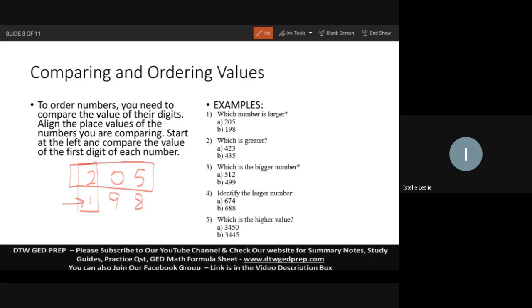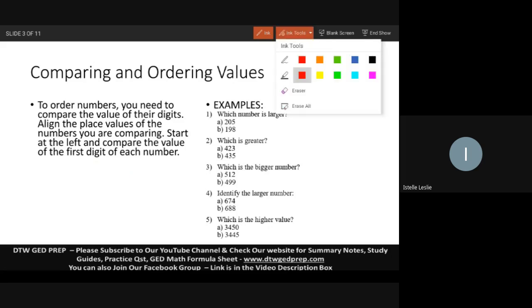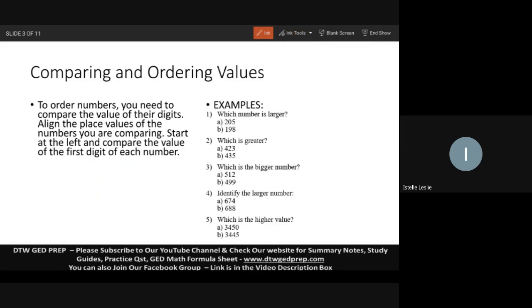Now for the second one, same thing, we align them together. The ones in the ones position, the tens in the tens position, and then the 100 in the 100 position. So like we said, start from the left. When we start from the left, the 100 position, we see that both values are the same. Since both values are the same, we can't compare at this place value.